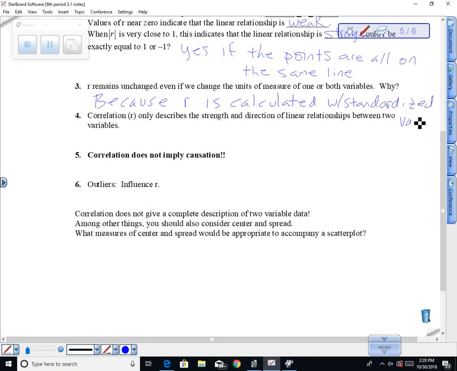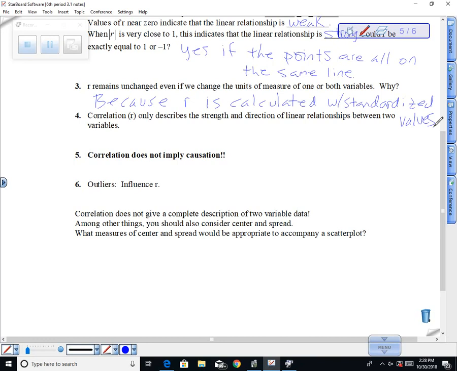I will not get credit if I write that R is standardized, because it is not. It is calculated using standardized values. Correlation only describes the strength and direction of a linear relationship between two variables. It does not imply causation. Just because two variables are related doesn't mean changing one would cause changes in the other.